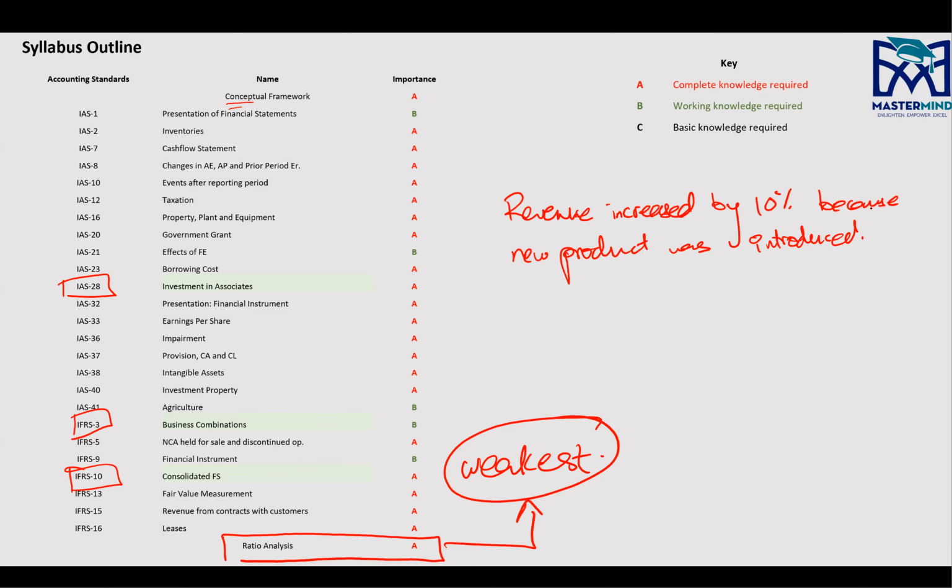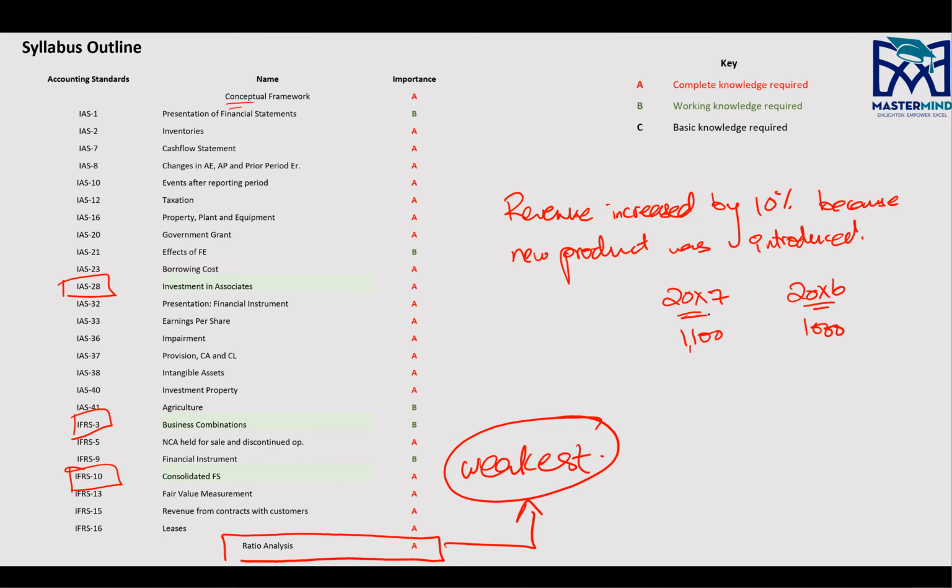Now, this is just basic information. Obviously, in the question, you would get, let's say, 20x7 and 20x6. This is the previous year, this is the current year. If this is 1000, an increase of 10% would be what? 1100, correct? That reflects a 10% increase.